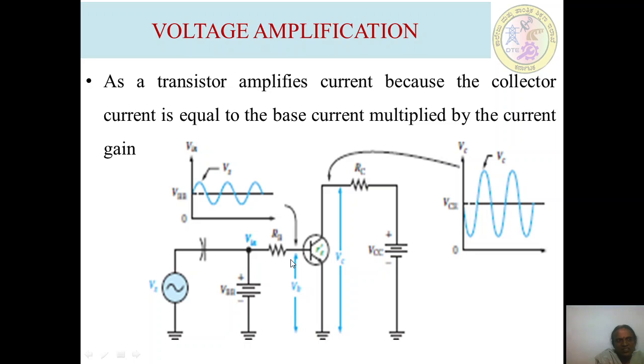Then the AC collector current will produce an AC voltage across this resistor RC, that is the collector resistor, thus producing an amplified but inverted reproduction of the AC input voltage.